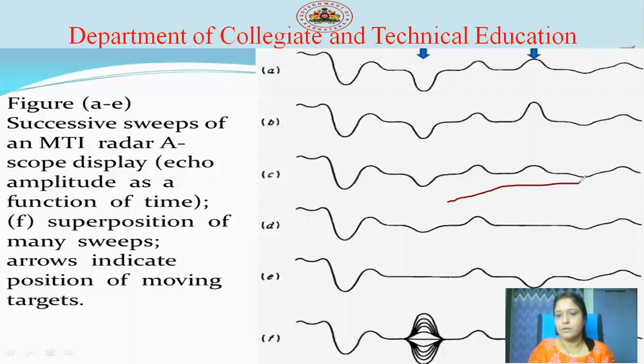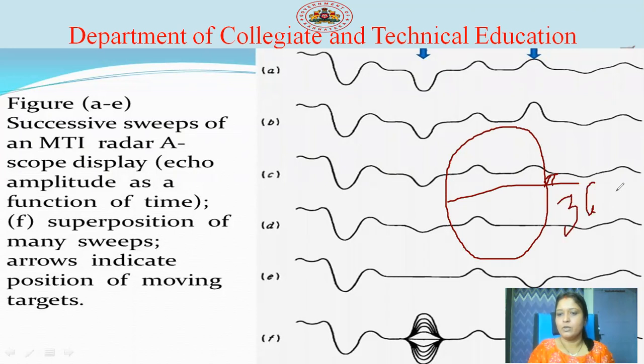Suppose here it is 0 degree, and this point is 360 degree. If the target is moving in such a way that it generates a phase difference equal to 360 degree, then what will happen?